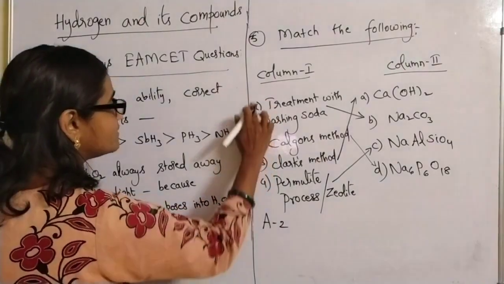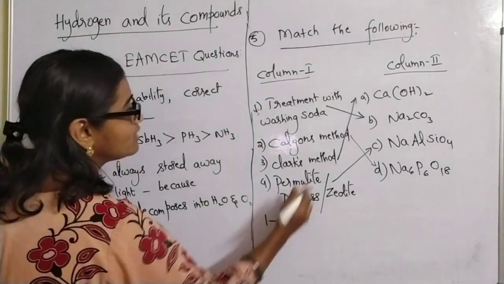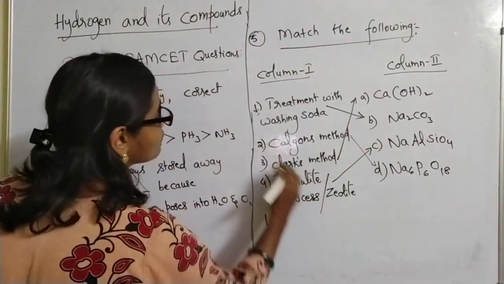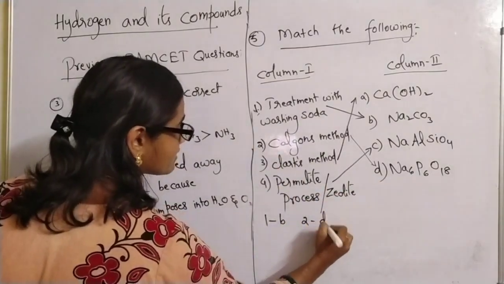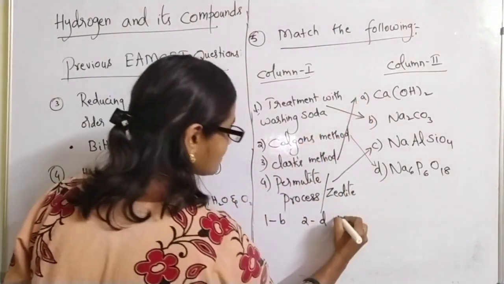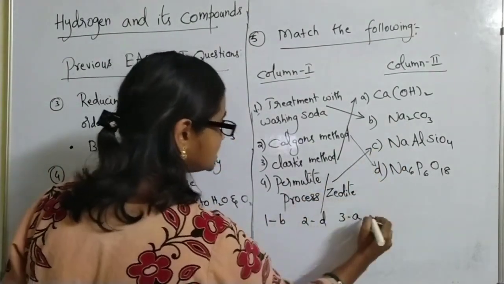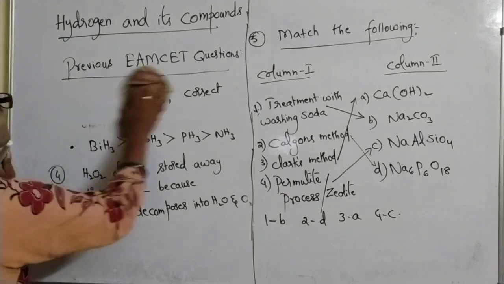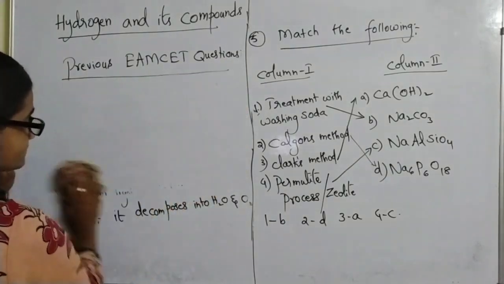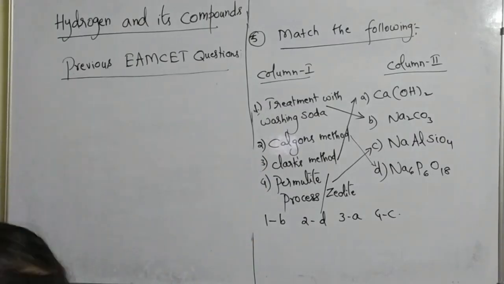If you take this side A B C D, whatever it may be, I'll just do like this: 1 for B, 2 for D, 3 for A, and 4 for C. So this will be the way of questioning you will get. Yes. Next, go for the next question.